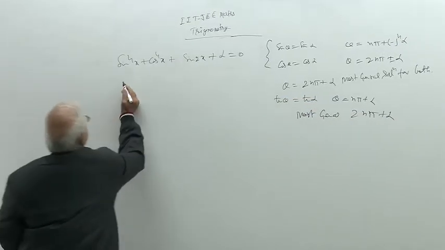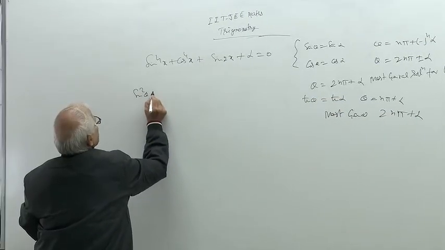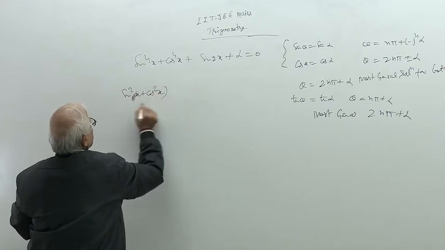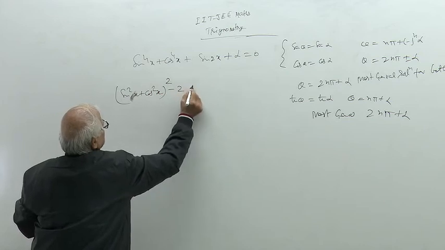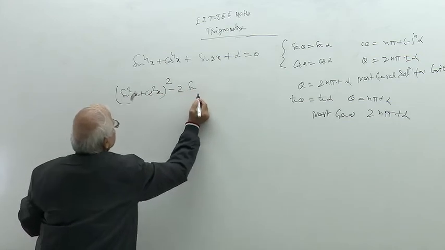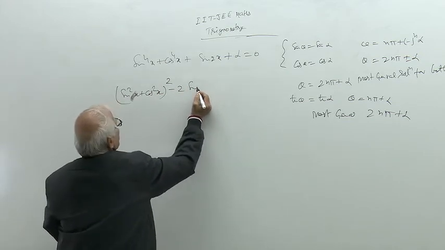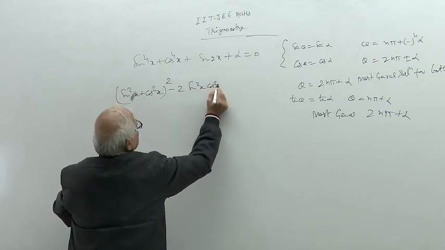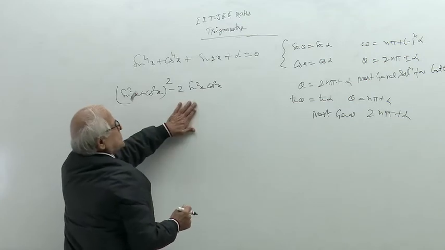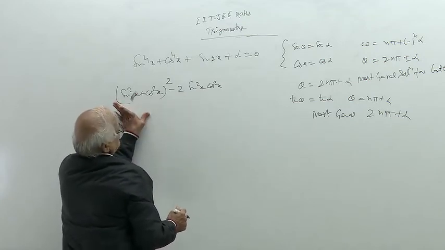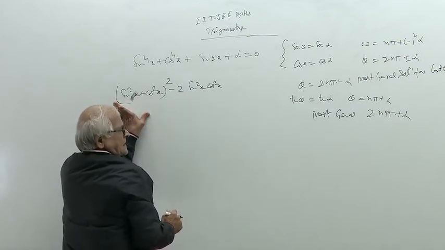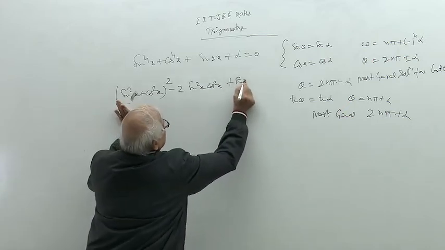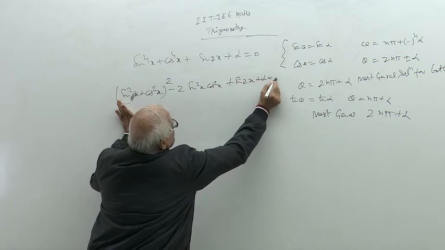Now this can be written as sin square x plus cos square x whole square minus 2 sin x. We have more formula, sin square x and cos square x. We have this formula, then we can make the complete square. Now sin 2x plus alpha is equal to 0.